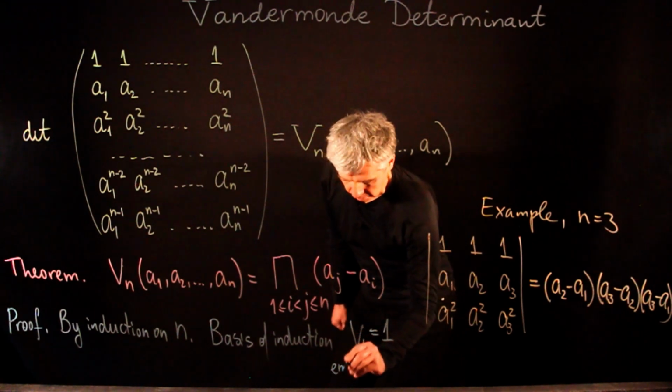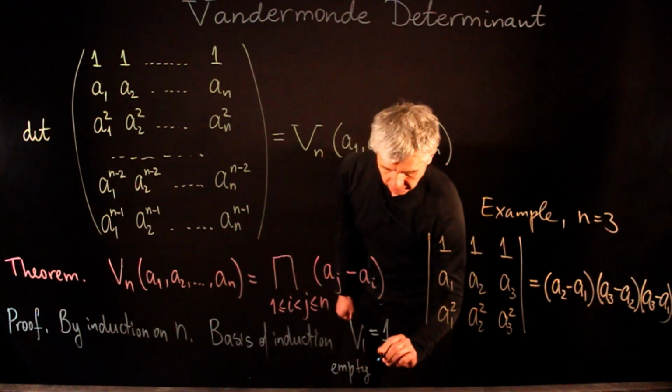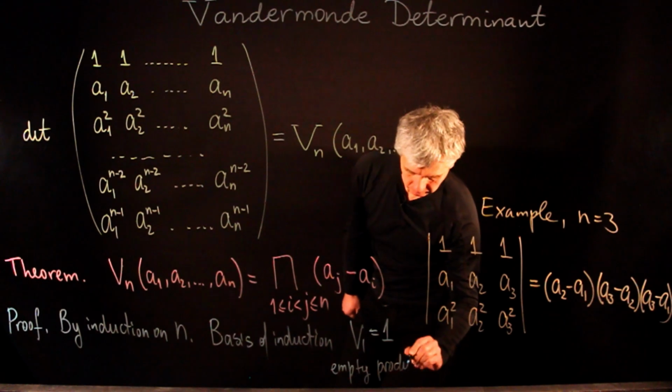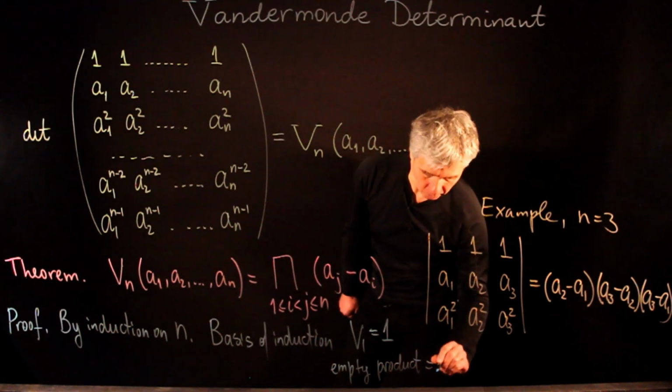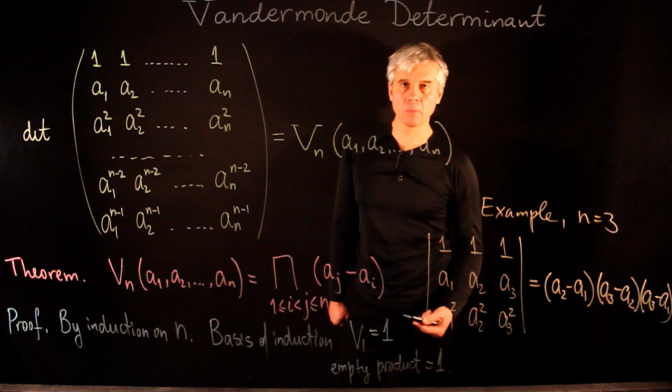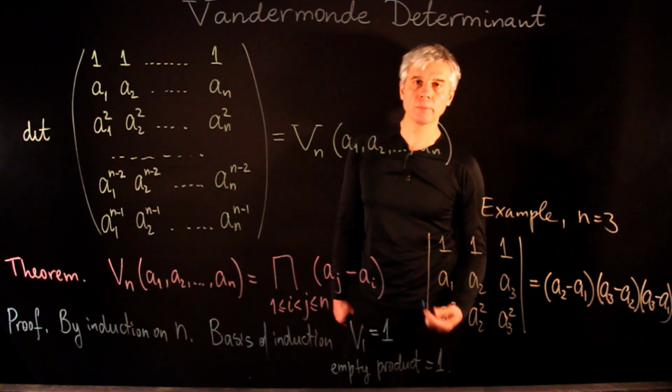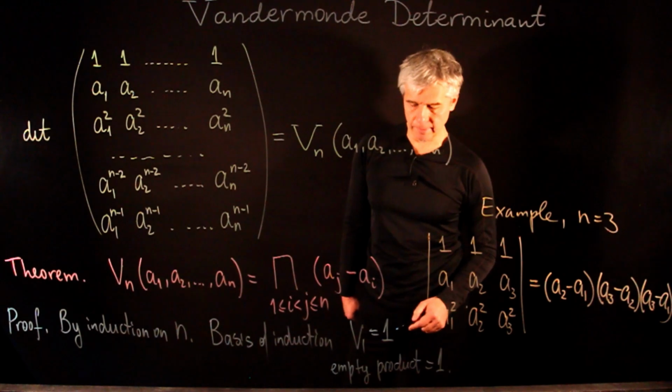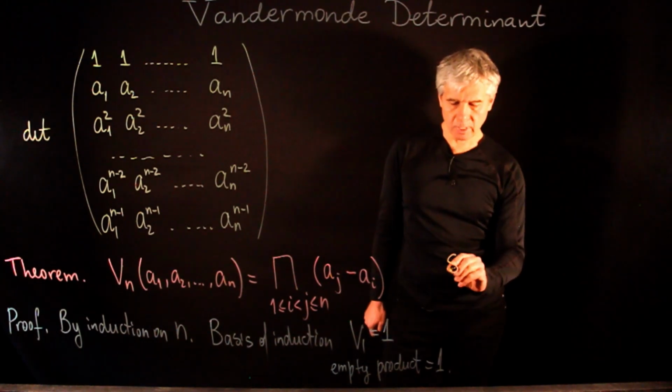So empty product is equal to 1. This is our convention. As an empty sum is equal to 0, an empty product is equal to 1. So next we want to do the step of induction.